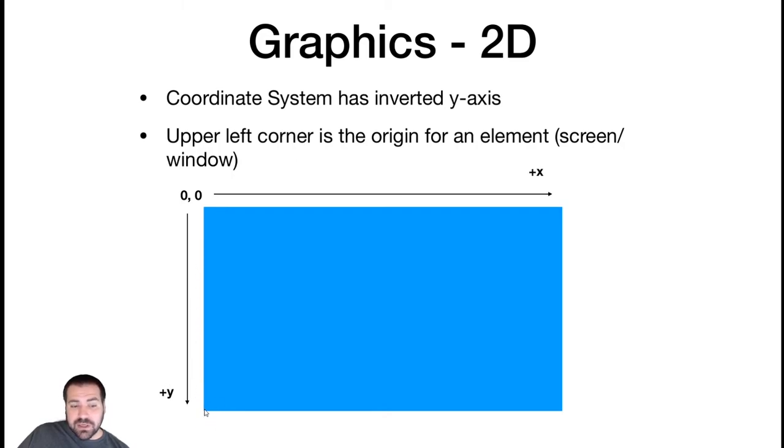You might expect the origin to be down here, positive Y being up, like a typical grid system that you see in math class. Screens do not work that way. It starts at the upper left. Y goes down. X goes across. So that's the number one thing that takes some adjustment, is understanding where the origin is. And when you get XY coordinates, where is that on the screen?